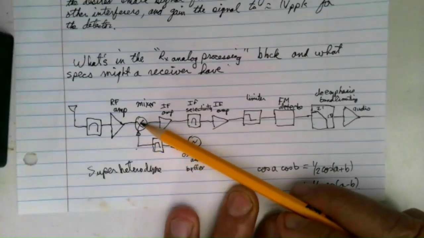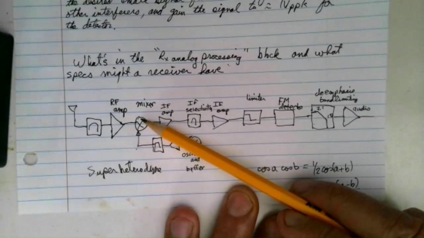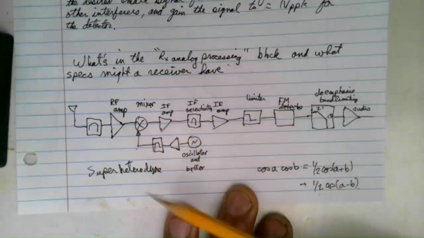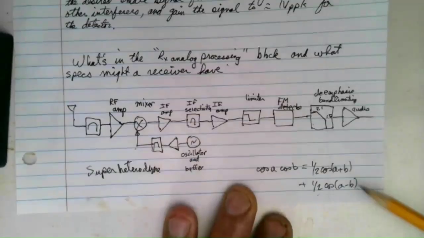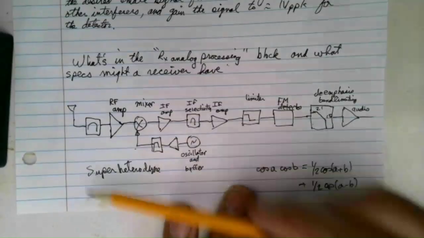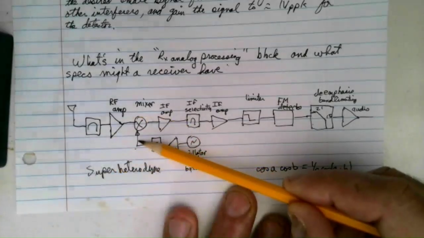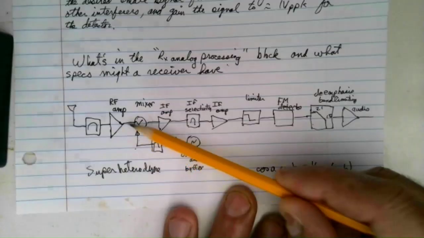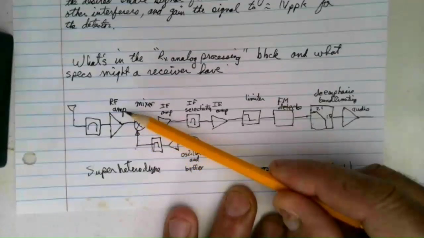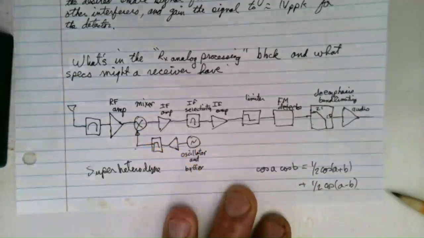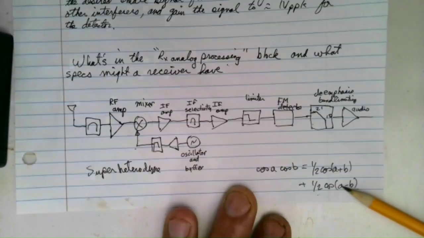And the reason we get that differencing process is that this mixer implements what we would like ideally to be a multiplier, which is why it's shown looking like a multiplier. We're taking advantage of the fact that the product of two cosines, this is cosine A here and this is cosine B coming in, is half the cosine of the sum plus half the cosine of the difference.